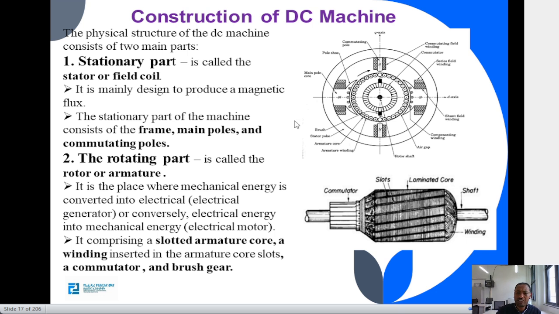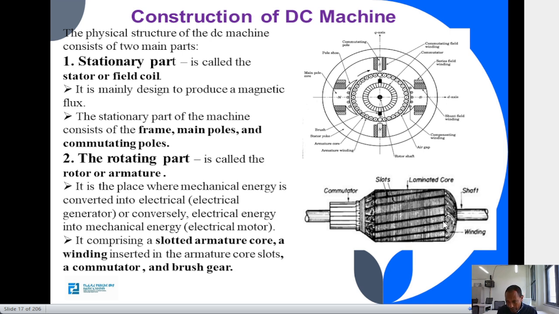The second part is the rotating or movable part of the machine. It is called the rotor or the armature. When you see the cross-sectional view, it is the internal part of the machine, and physically it looks like this.